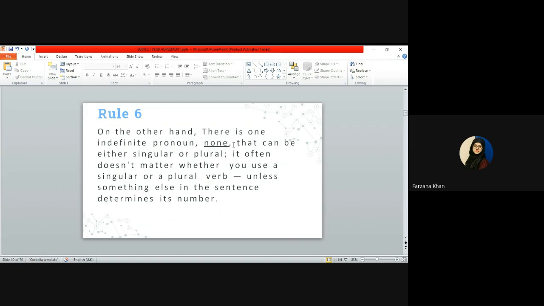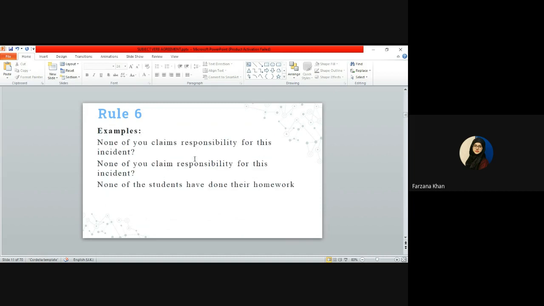It often doesn't matter whether you use a singular or plural verb unless something else in the sentence determines its number. So, with a specific indefinite pronoun, which is none, you are free to use a singular verb or plural verb, unless something else determines the number. If something else is determining the plural number, then you will go for a specific plural verb. Otherwise, you are free to go for a plural or singular verb.